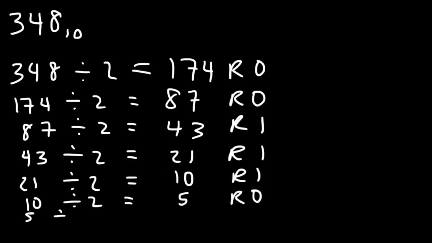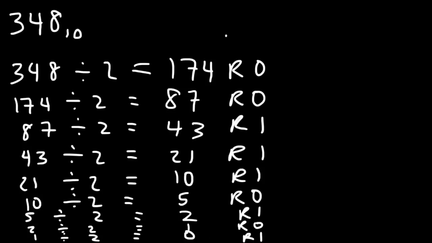Then 5 divided by 2 is 2.5, so 2 remainder 1. Then 2 divided by 2 is exactly 1, so 1 remainder 0. And then 1 divided by 2, that's 0.5, so 0 remainder 1.